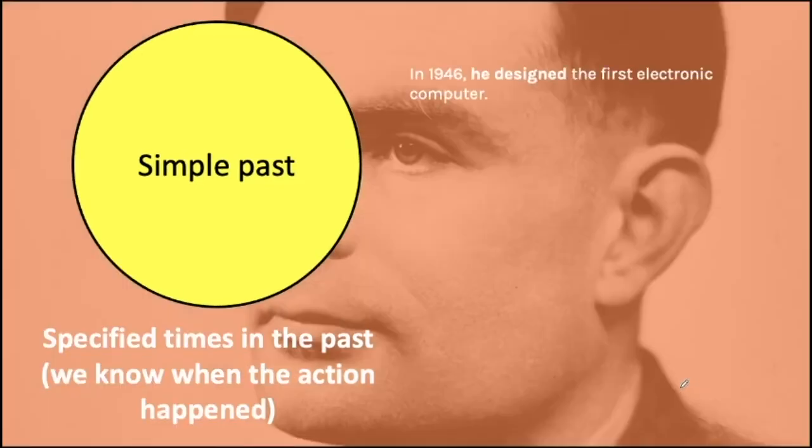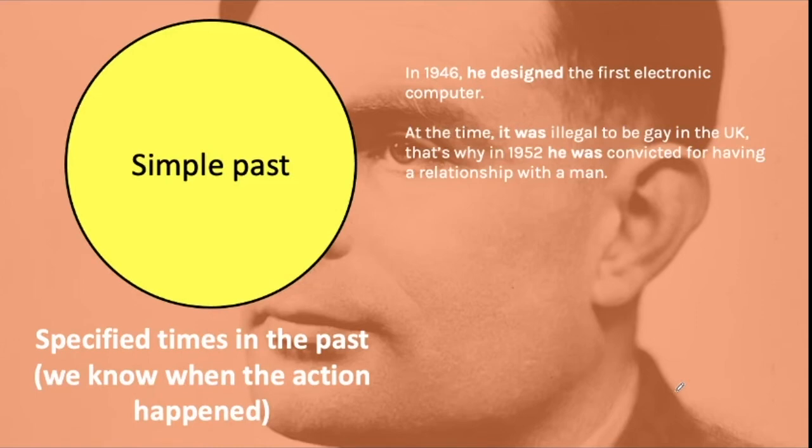Some other examples. In 1946, he designed the first electronic computer. And at the time, it was illegal to be gay in the United Kingdom, and that's why in 1952 he was convicted for having a relationship with a man.